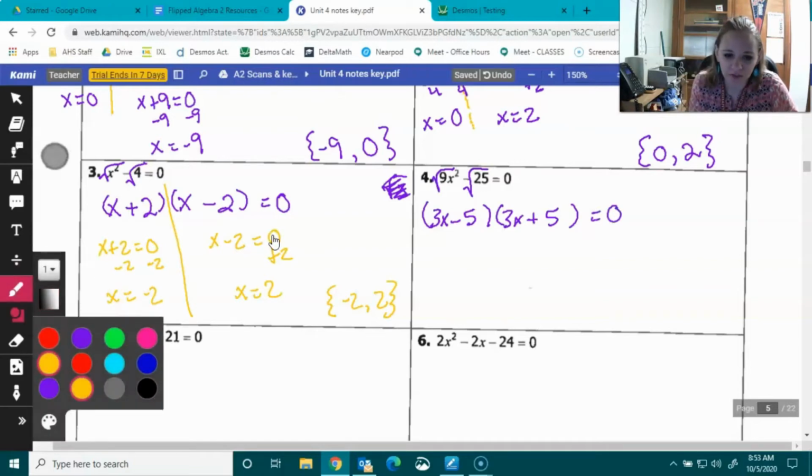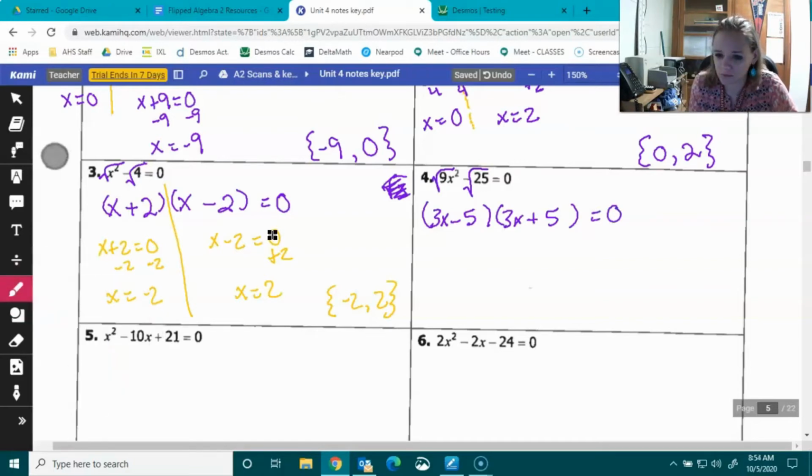And now we're ready to set each factor. Right here is where the multiplication is, so that's where I split it up. Set both of them equal to 0. Alright, add 5. And then divide by 3. And we get a fraction. So we get 5/3.